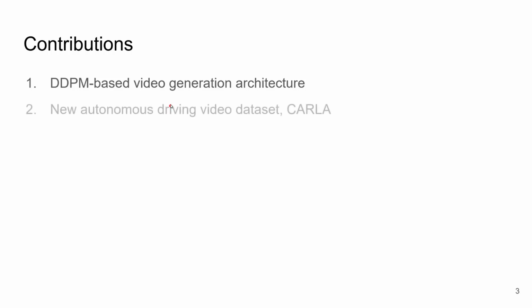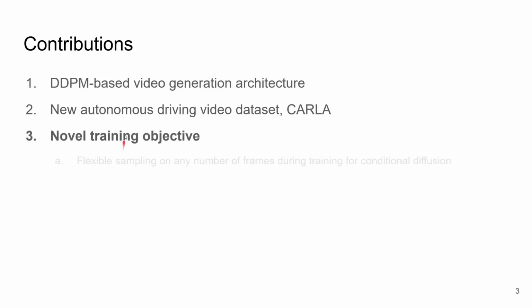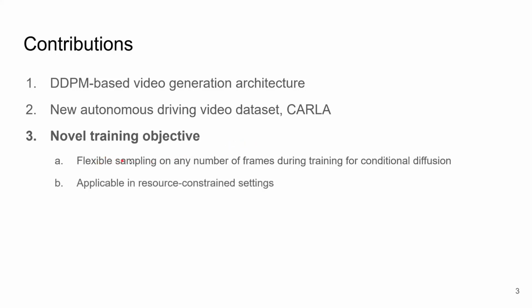And so the main contributions for this paper, the first one being making a diffusion-based video generation architecture, creating their own video driving data set called Carla, which has some interesting statistics that you can calculate with it. And then finally, the most important one is this novel training objective, which allows for flexible sampling on any frames during training, along with still being applicable for resource constraint settings.